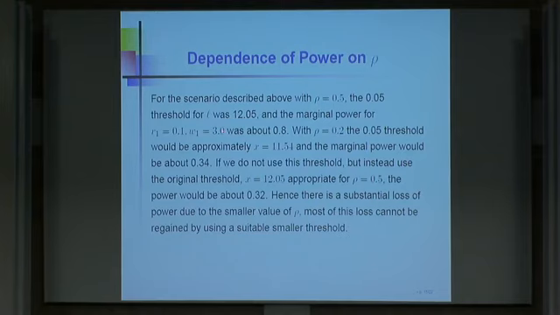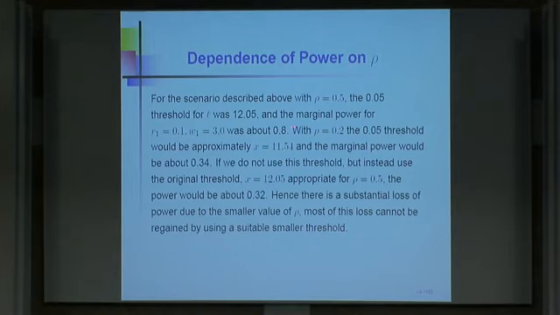Now, suppose rho has actually dropped down to 0.2 because I'm in one of these regions where there aren't many points, period. Now the correct 0.05 threshold would be about 11.54. The marginal power would be about 0.34. But if I don't account for the dip and use, in fact, the original threshold, the power would be about 0.32. So I've lost a considerable amount of power.